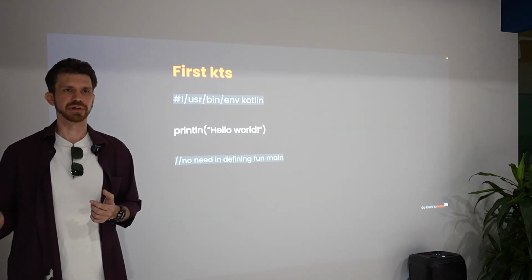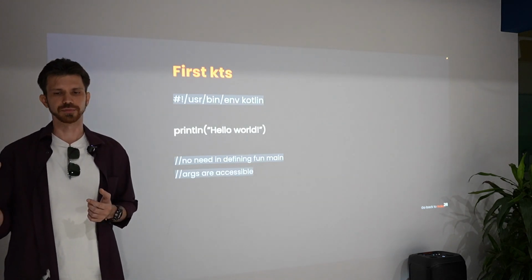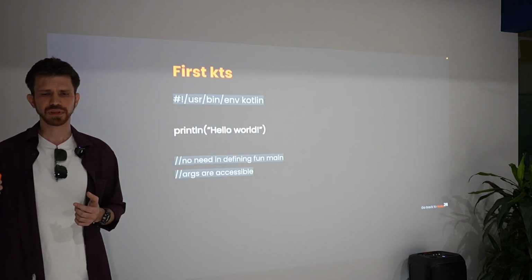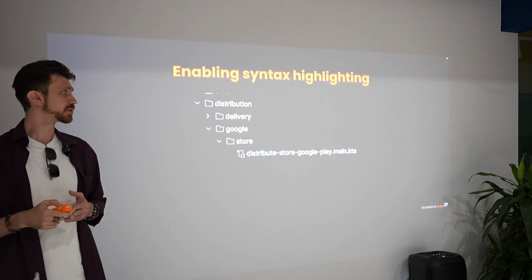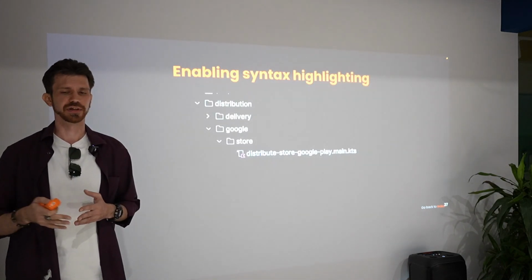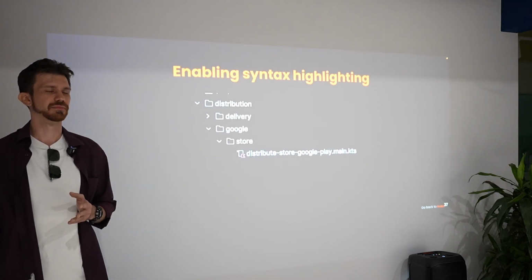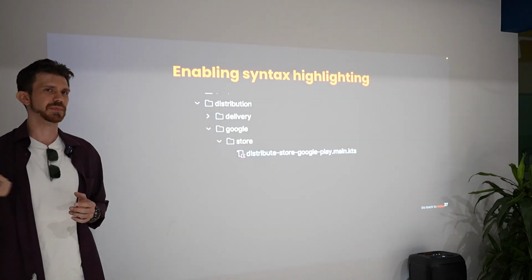We don't need to define a main function, but we could use arguments, and when we run scripts, we can pass arguments. Also, if you use an IntelliJ IDE, you just enable syntax highlighting. Very easy, very simple. You just name your Kotlin script .main.kts.